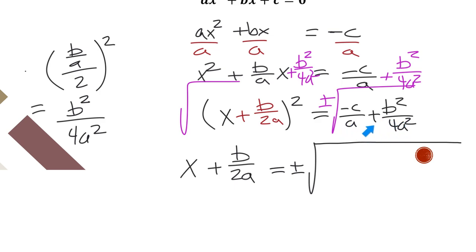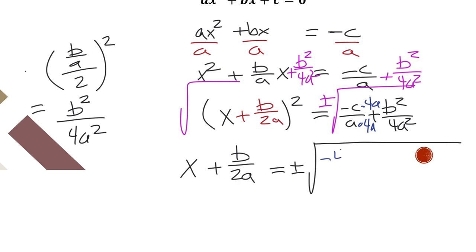To make these the same, I need a 4 over here and another a. So I'm going to multiply this by 4a and this by 4a. And that, if you remember, is 1. 4a divided by 4a is 1. And again, the reason why I'm doing that is to make a common denominator.